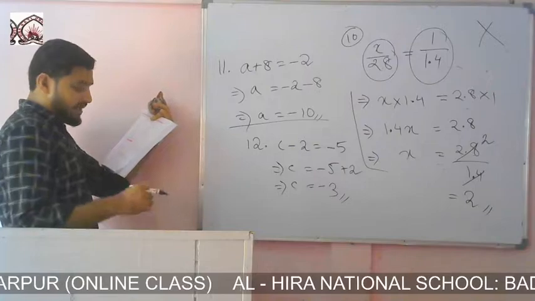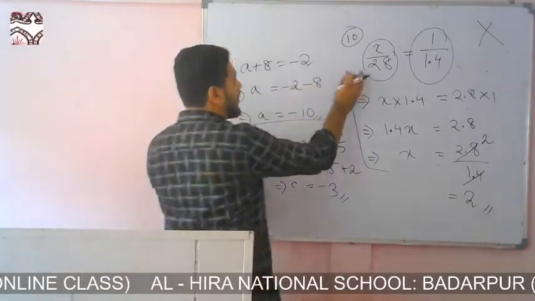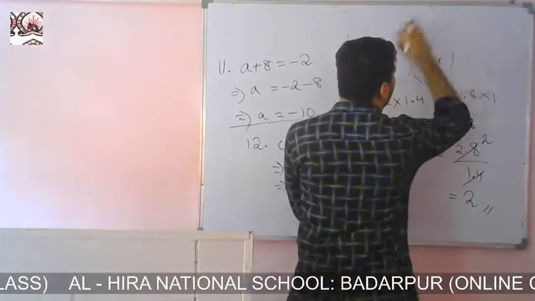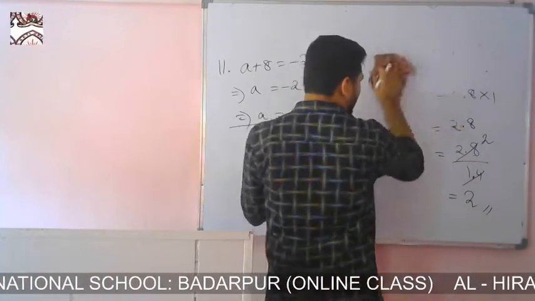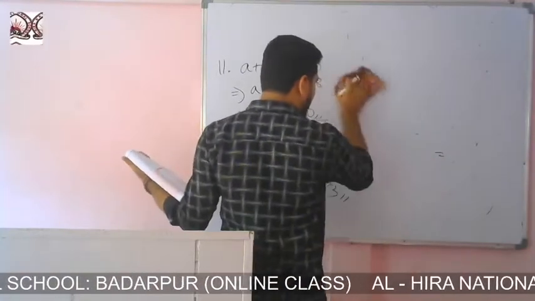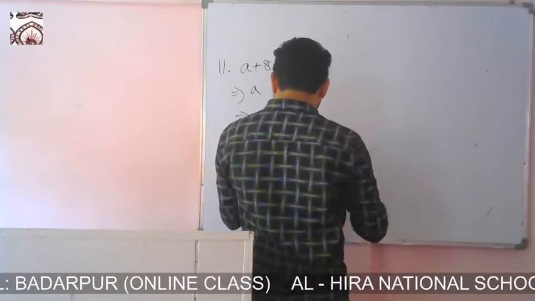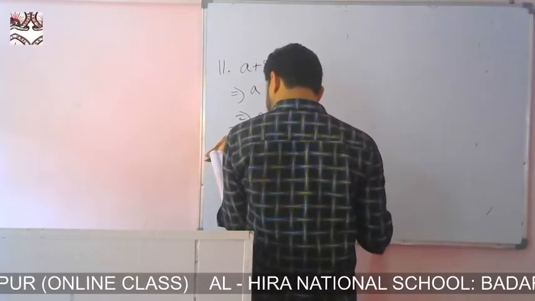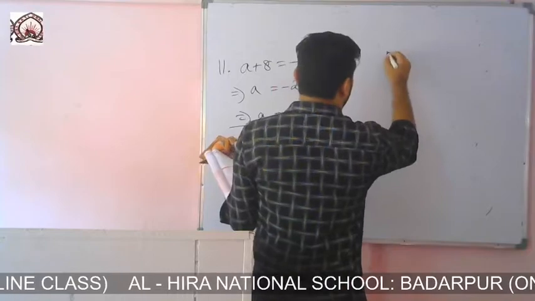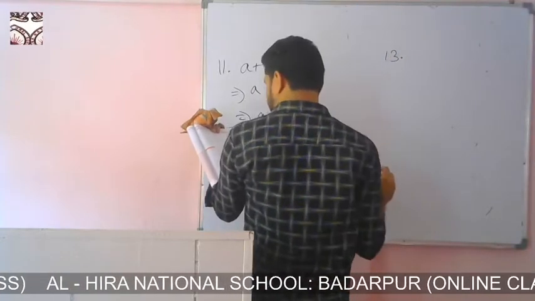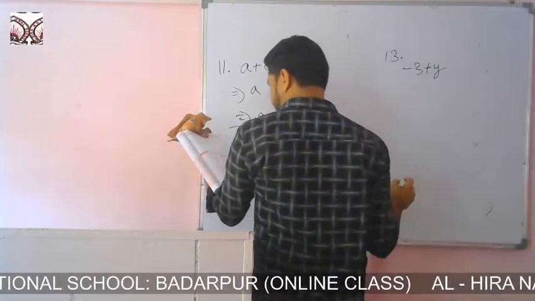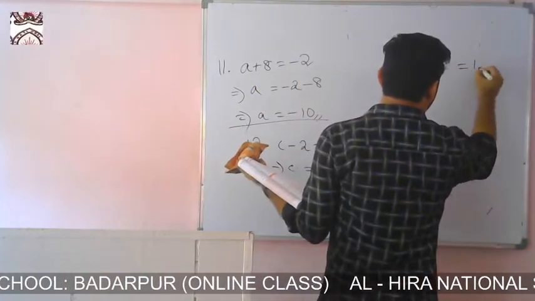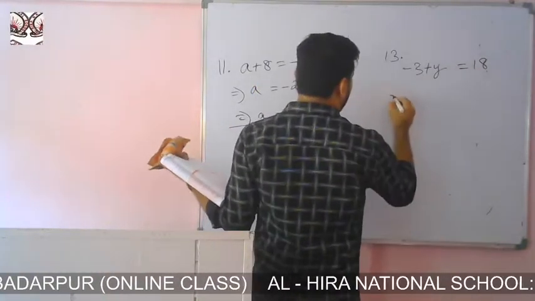now come to question number 13. Question number 13. You see, minus 3 plus y equals to what? 18.